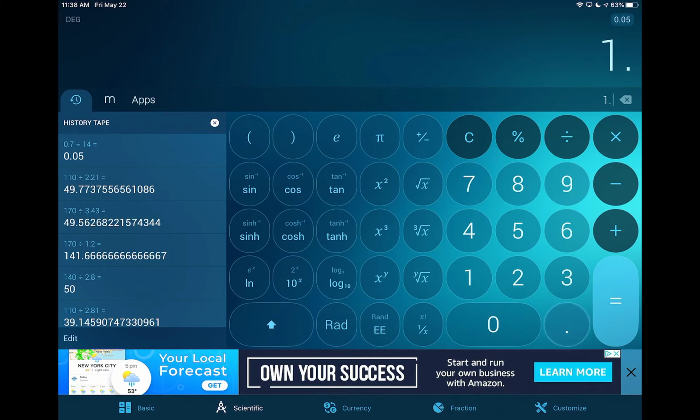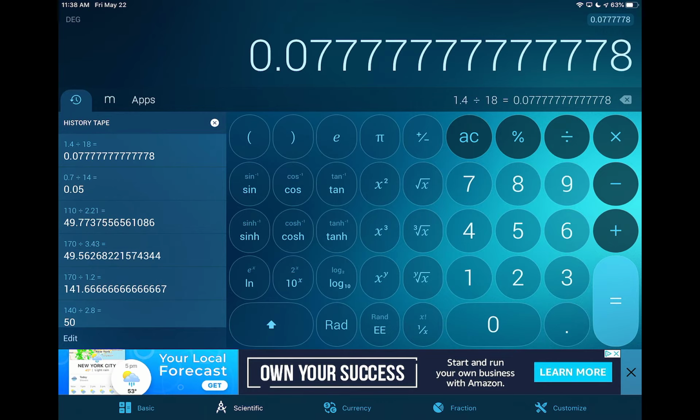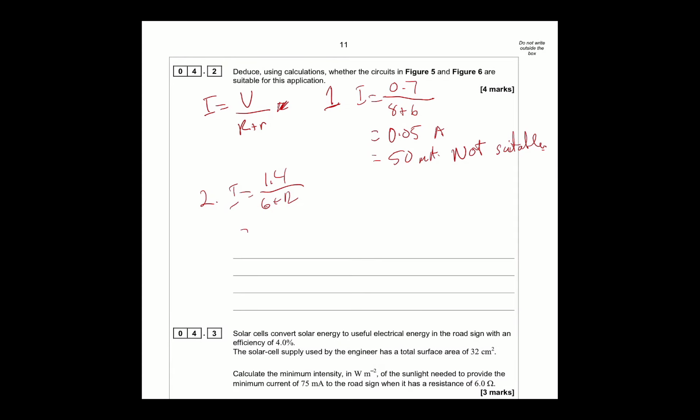So that's 0.078 amps, which is 78 milliamps. That checks out. So circuit 2 is suitable. Circuit 2 does work.